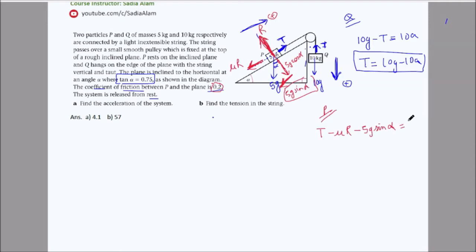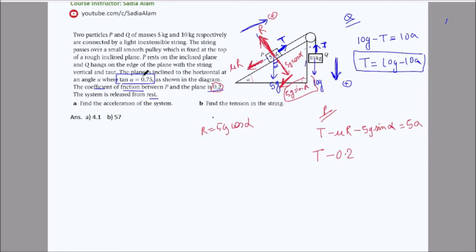Mass is 5, a is unknown. In this equation you can substitute the value of mu is 0.2, but R, as you can see, there won't be any movement in this y direction, right? So it's balanced, so R equals 5g cos alpha.